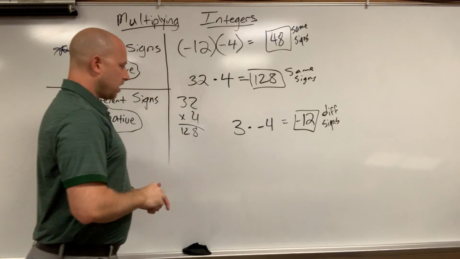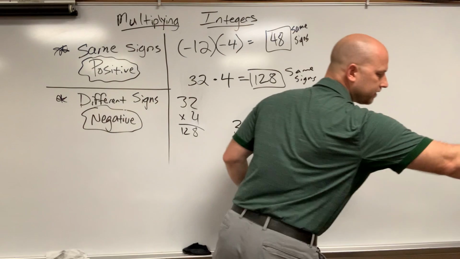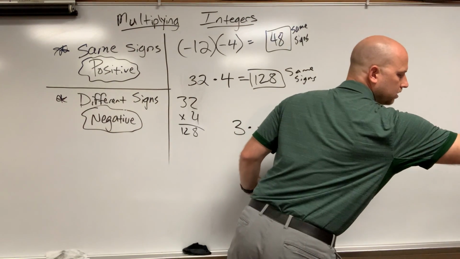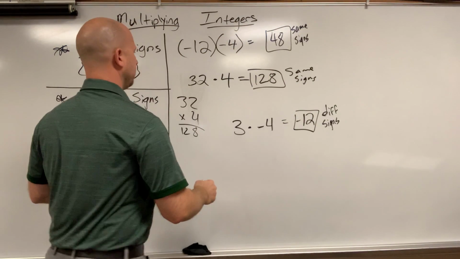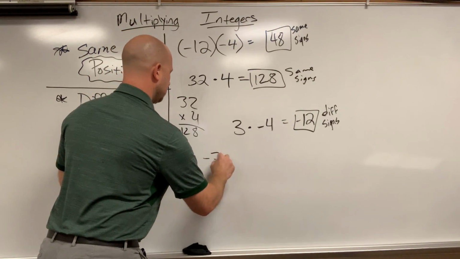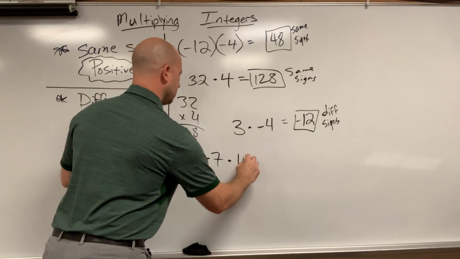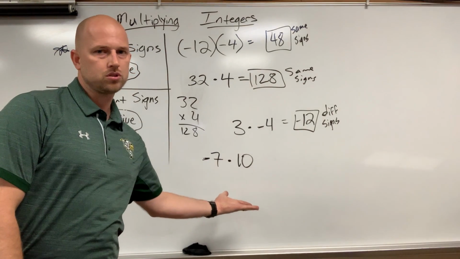All right, last one, I promise. Let's see, what do we have? Anything crazy over here? No. All right, let's do this one. Negative 7 times 10. If you know the rules, it shouldn't be difficult.